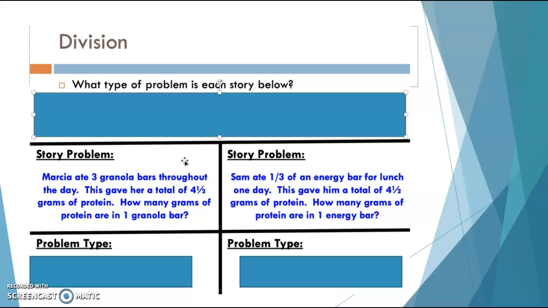Story problem 2. Sam ate 1/3 of an energy bar for lunch one day. This gave him a total of 4.5 grams of protein. How many grams of protein are there in 1 energy bar?